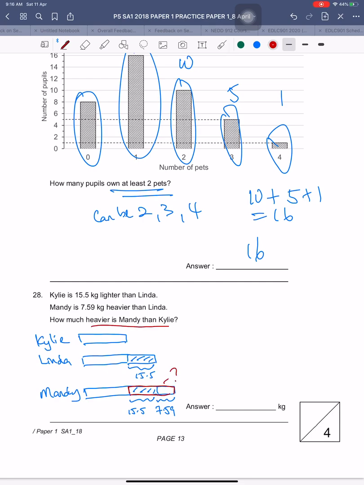If you draw the model correctly, they simply want you to get 15.5 plus 7.59. When you're adding this, be very careful because this is 1 decimal place, this is 2 decimal places. So 15.5 plus 7.59, there should be a 0 here. So 9, 3, 2. It's 23.09 kg heavier.